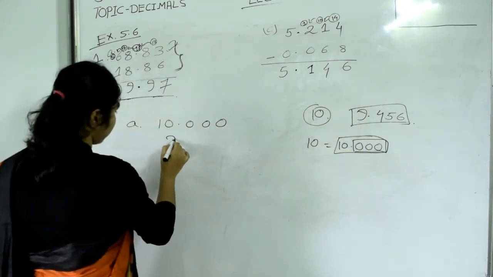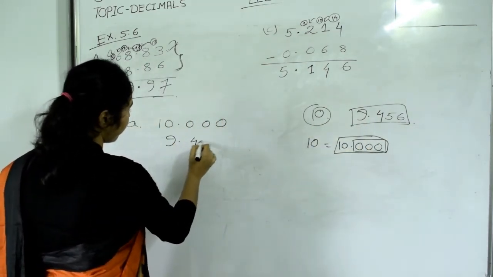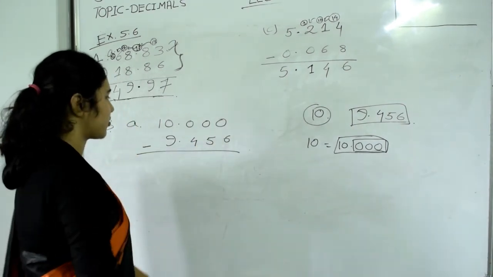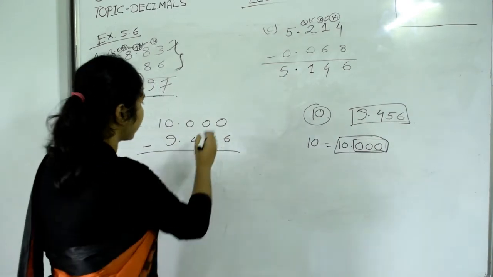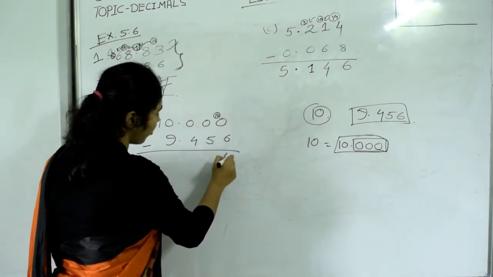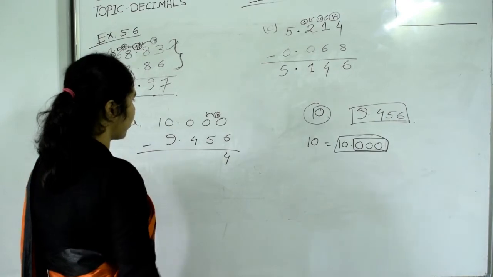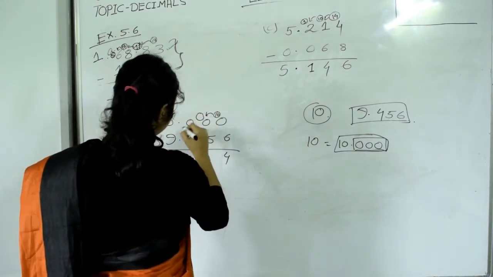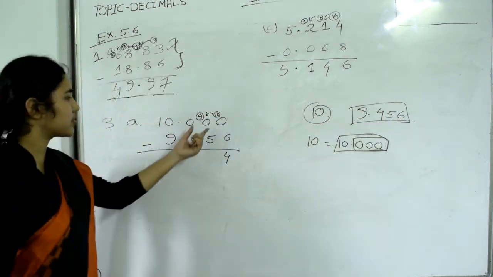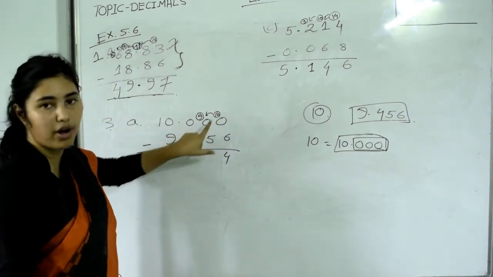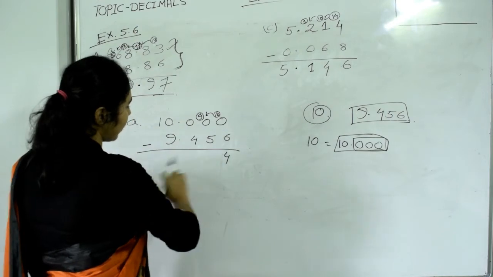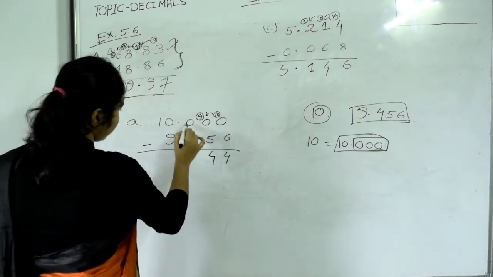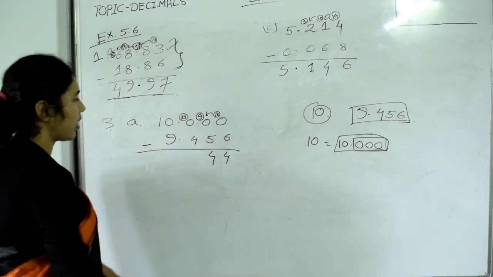Next 9.456. Now subtract. Now 6 minus 10, 4. Again take this 1. Assume 0 as 10 and subtract this 1. So it will give us 9. So 5 minus 9, 4. Now again assume 0 as 10.